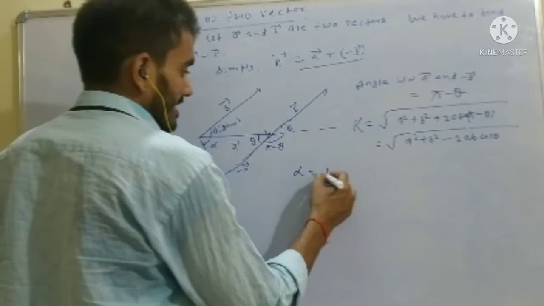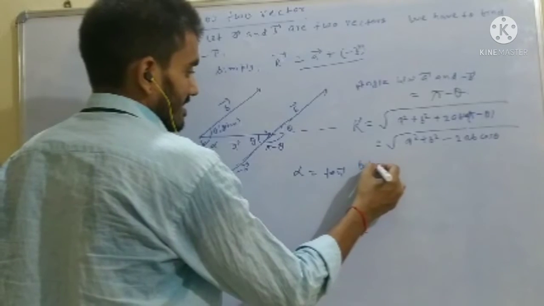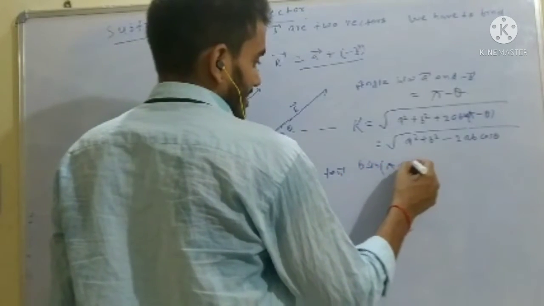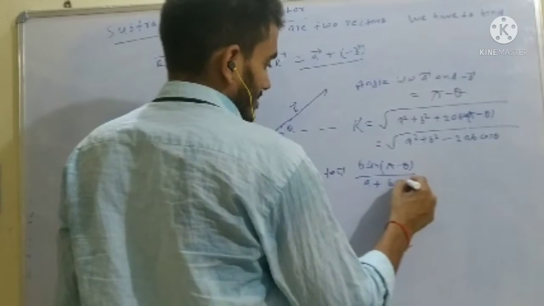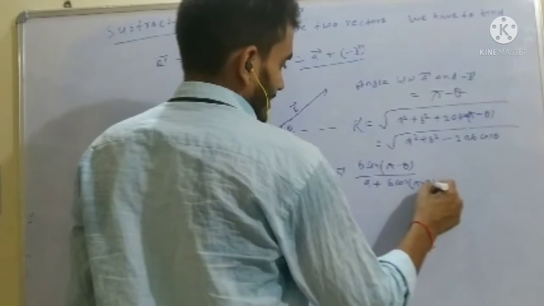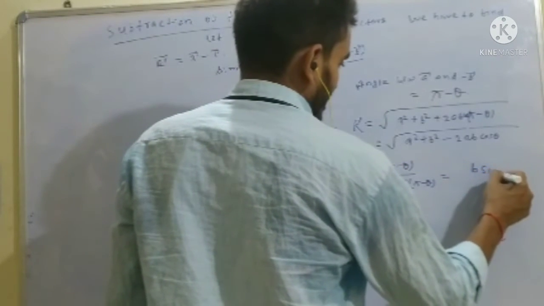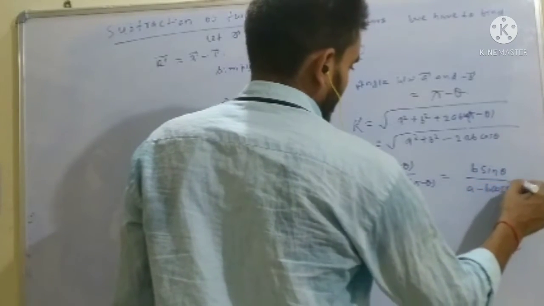Alpha equal to tan inverse of b sin pi minus theta by a plus b cos pi minus theta. Sin pi minus theta is sin theta, so b sin theta by a minus b cos theta.